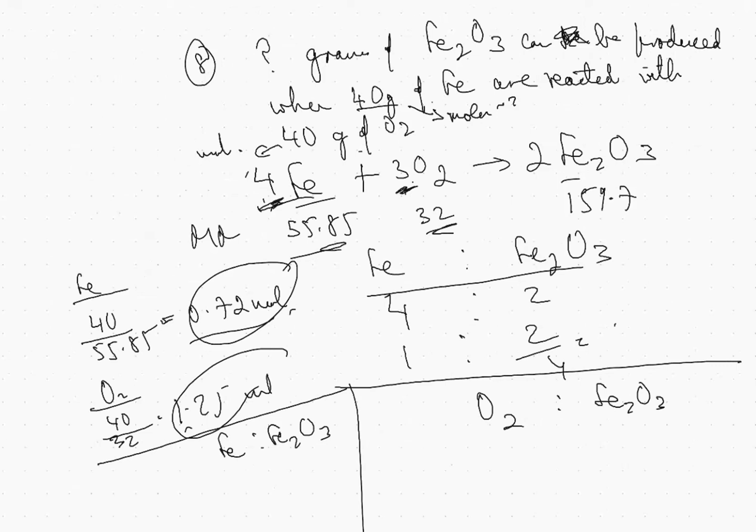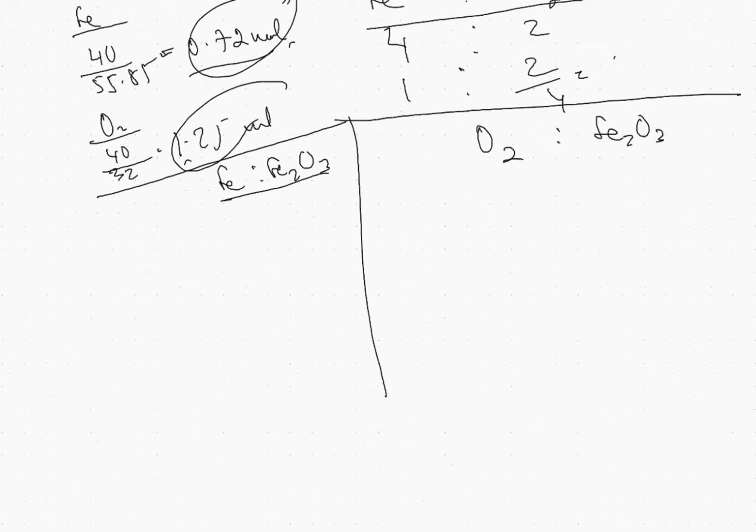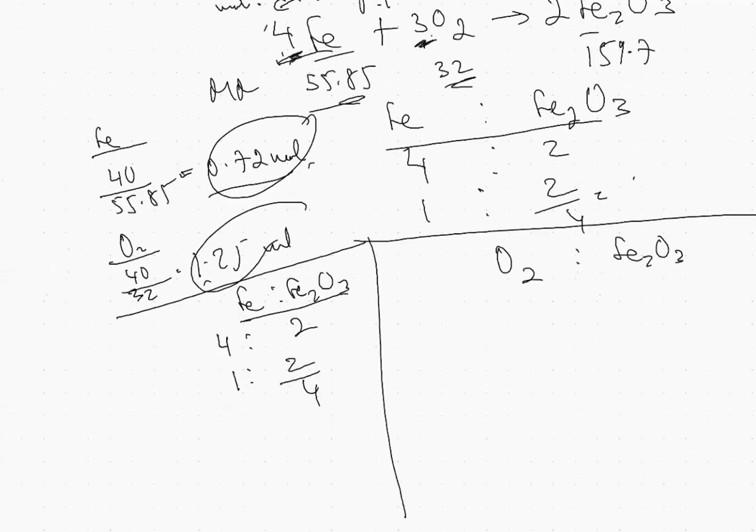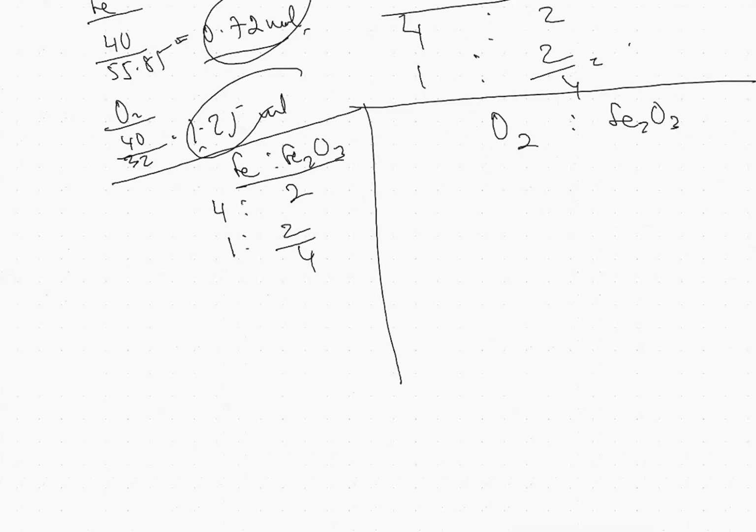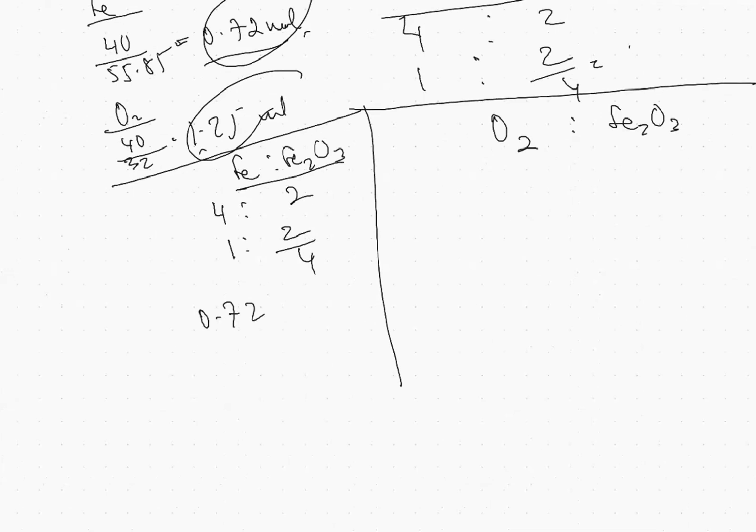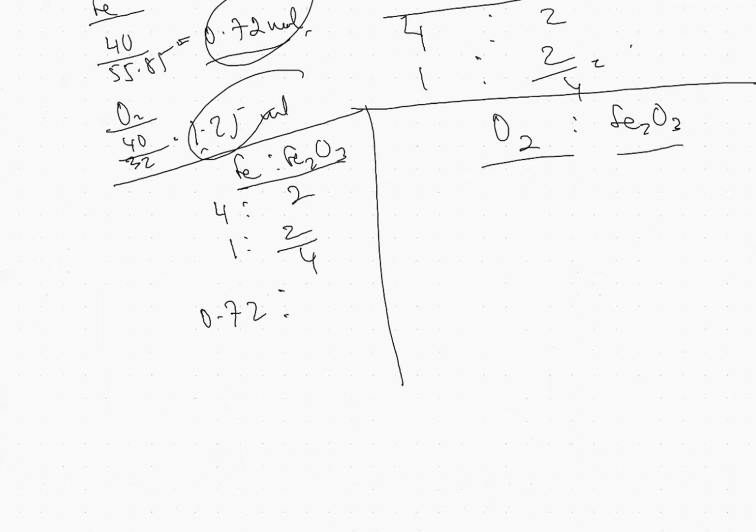Now we know the ratio: 4 Fe give 2, so 1 would give 1/2. We have only 0.72 here to react, right? When it comes to the oxygen, it's 3 to 2.